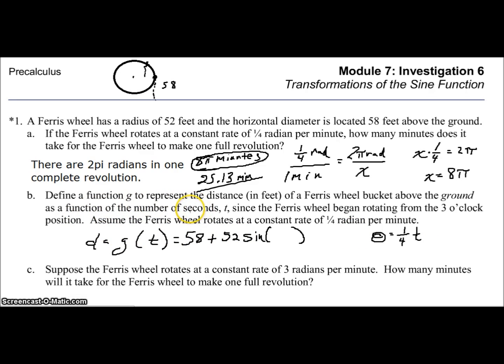Here, this says as a function of the number of seconds t. I think that we could just change that to minutes and make our lives a little bit easier. So then I don't think we have any problems. This is 0.25 t, and so that's what we can put here.